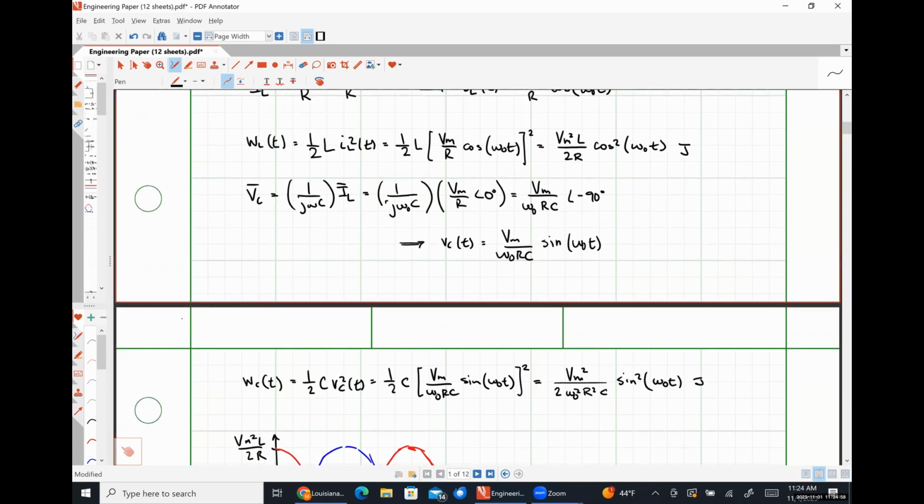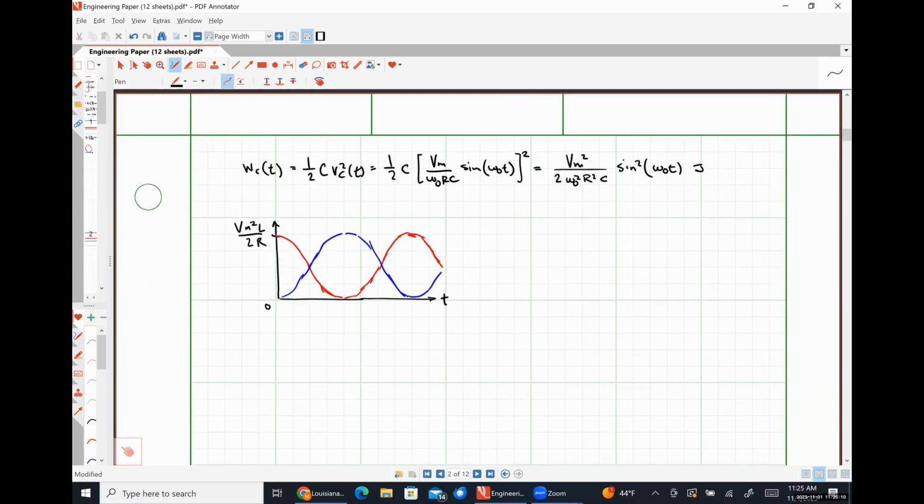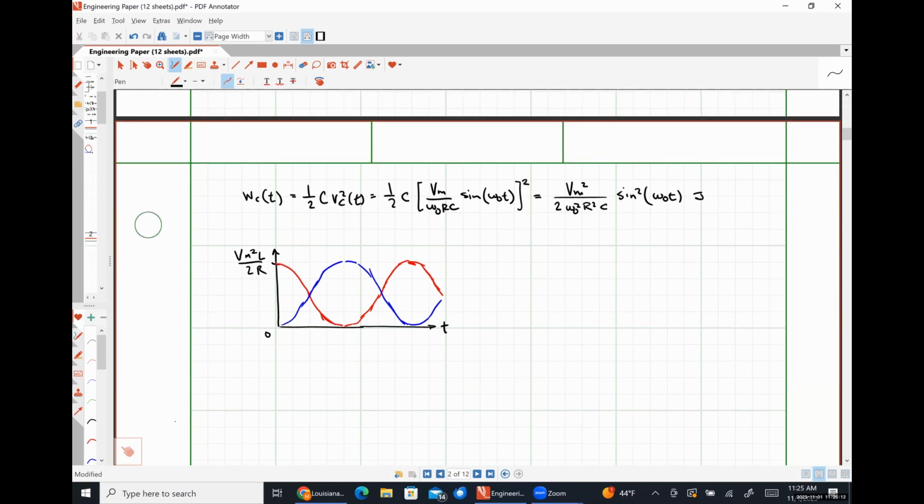Yeah, my apologies, I'm missing a squared on that R from here. And so when I have an LC in the numerator to get rid of that omega naught, the C's are going to cancel each other out, and I'm going to wind up having Vm squared L over twice R squared, which is the exact same magnitude.